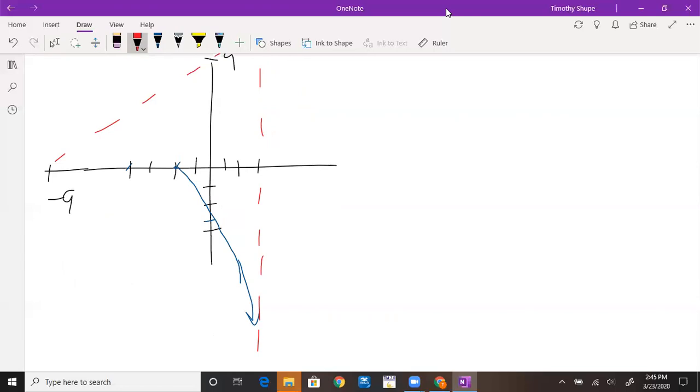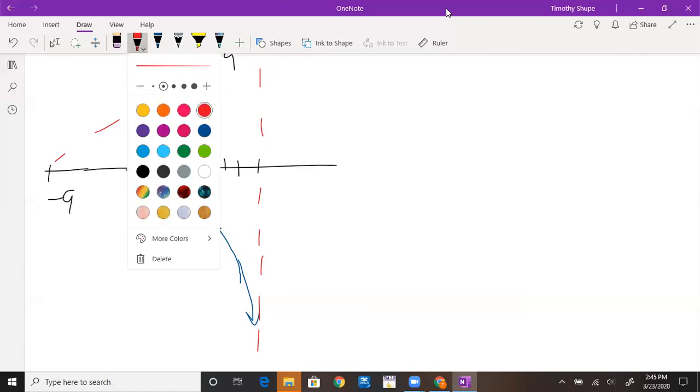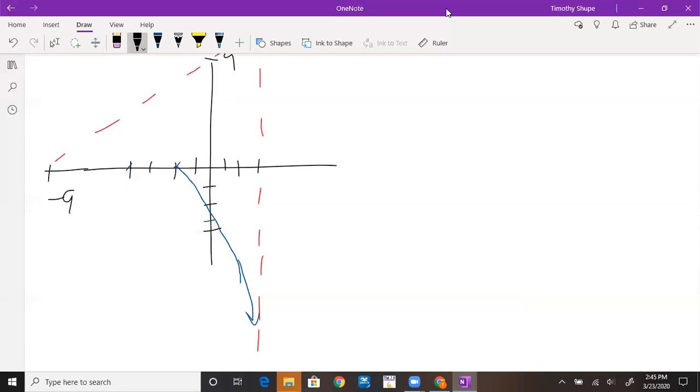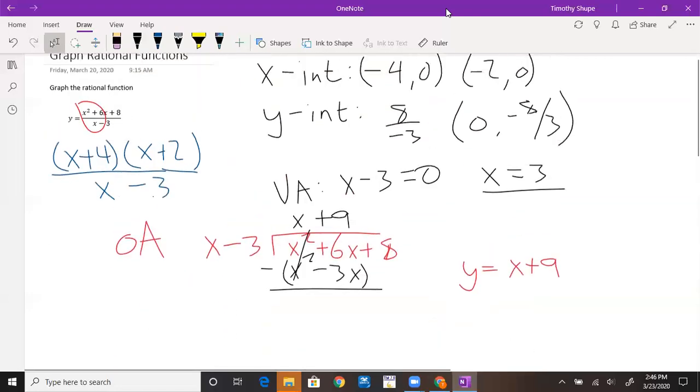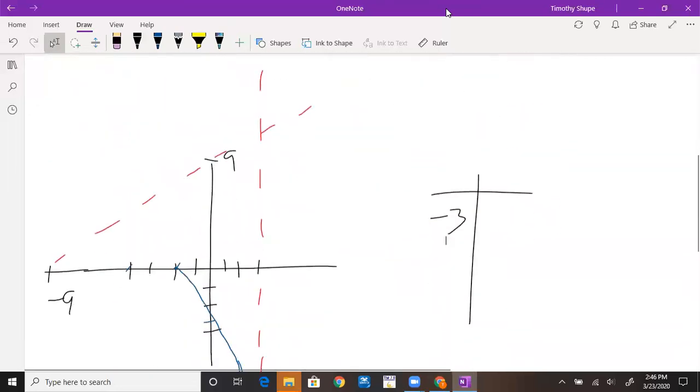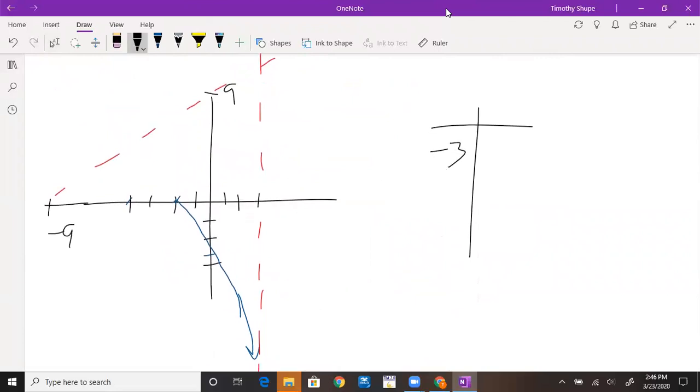On this other side, I'd want to plug in some coordinates just to make sure I know what's happening. So off to the right here, I'm going to change my color again, create a table. Maybe I plug in a -3 into my function so I can figure out what that's going to be equal to. So if I look back at my function, it was x squared plus 6x plus 8 in the numerator, and then the denominator was x minus 3.